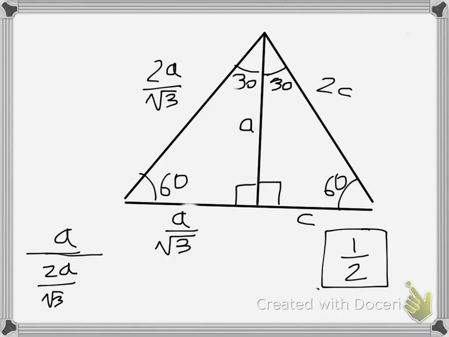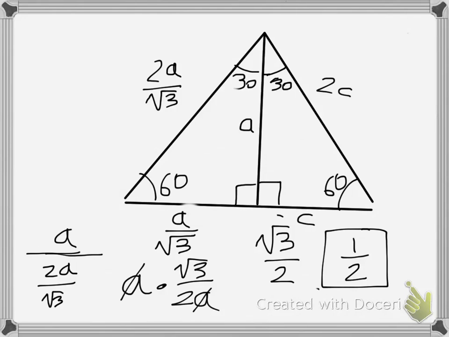So a over 2a over square root of 3 is the same as a times the square root of 3 over 2a, because dividing by a fraction is the same as multiplying by the reciprocal. So these two a's will cancel, and we get that the cosine of 30 degrees equals square root of 3 over 2.